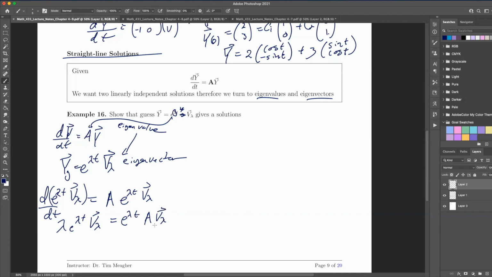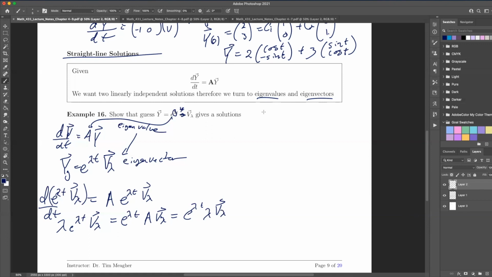But remember what it means to be an eigenvector. If this is truly an eigenvector, multiplying A by it is the exact same thing as multiplying lambda by it.